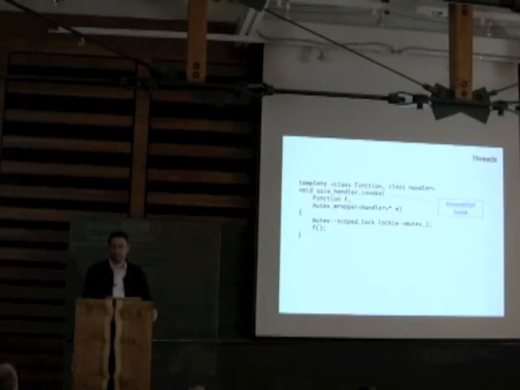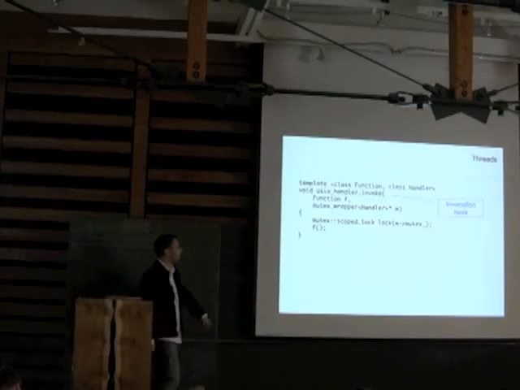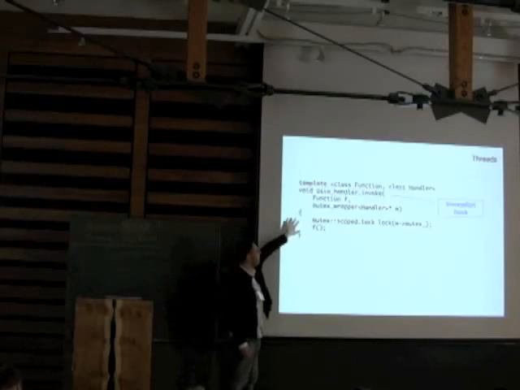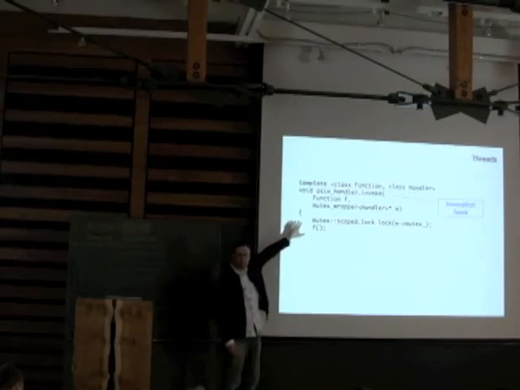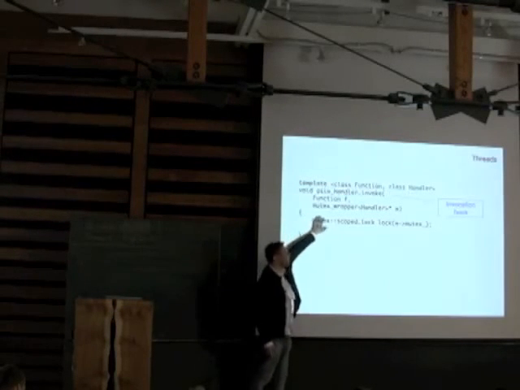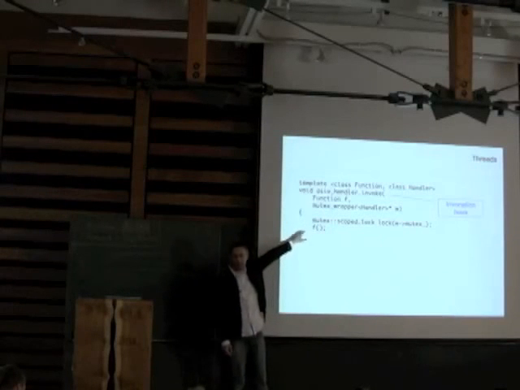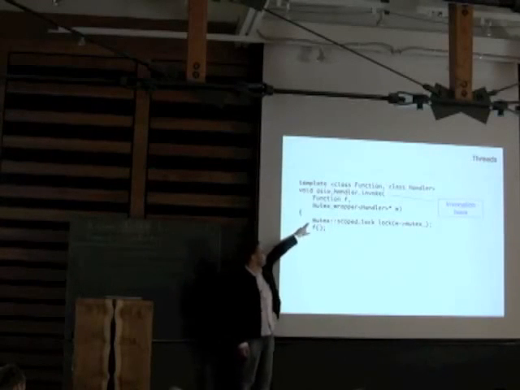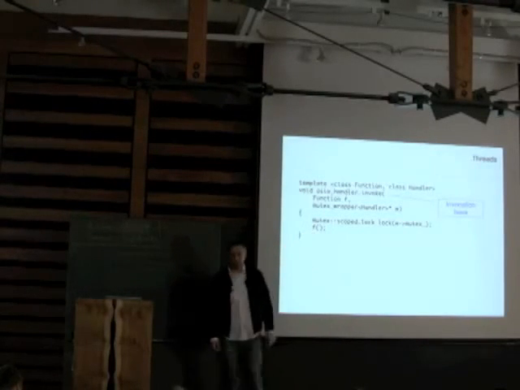So every single completion handler that runs in ASIO runs through one of these. It's located using argument-dependent lookup, and it allows you to customize how handlers are executed, or how function objects associated with handlers are executed. So what we're actually doing here is saying that for any function f which is associated with our mutex wrapper-based handler, we just want to execute it within a scoped lock.